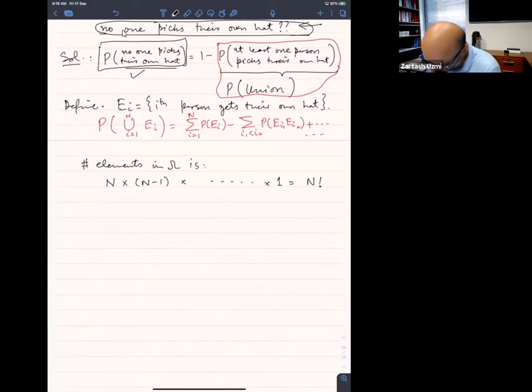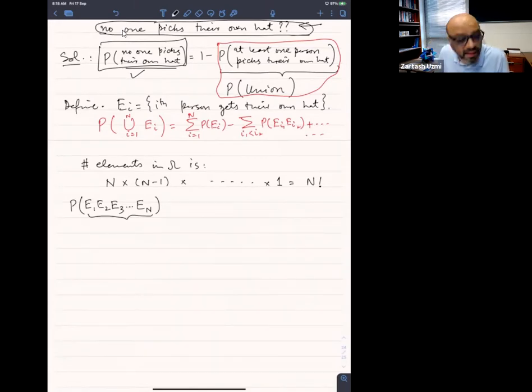Okay, so let me ask you this question. What is the probability of E1, E2, E3, up to En? First tell me, what is this event? Answers in the chat window. E1 and E2 and E3 and E4 up to En. What is this event? Ei is the event that the ith person gets their own hat.